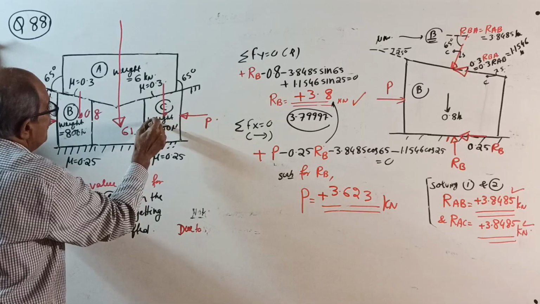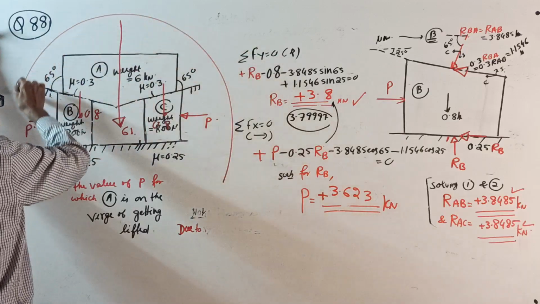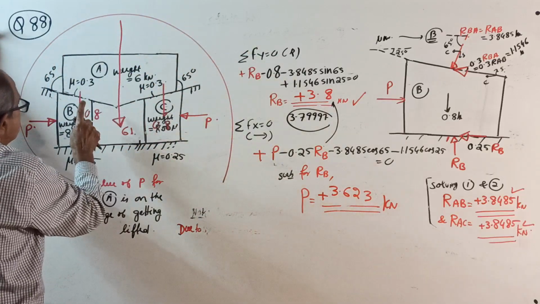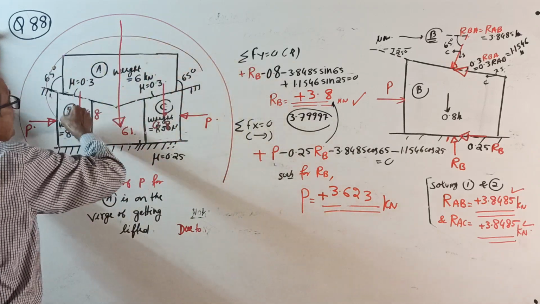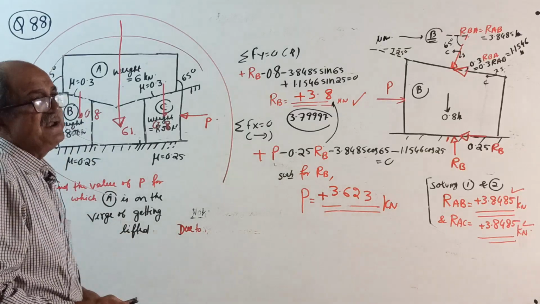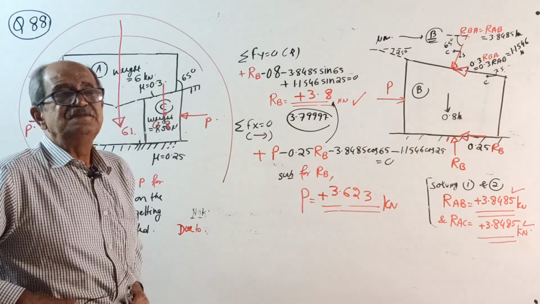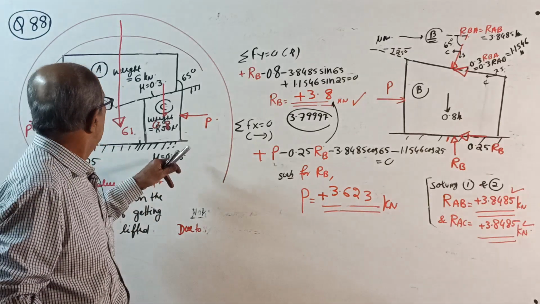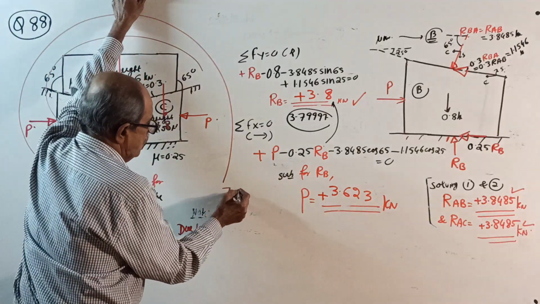This weight also is 0.8. So, if you consider the complete equilibrium here, the total vertical load here is 6 plus 0.8 plus 0.8, 0.8 plus 0.8 is 1.6.